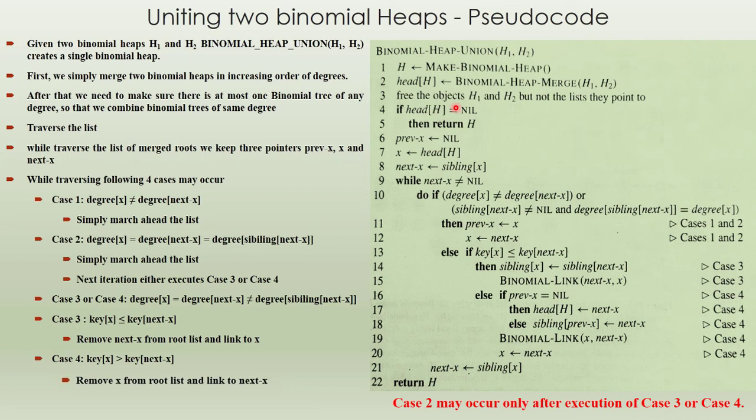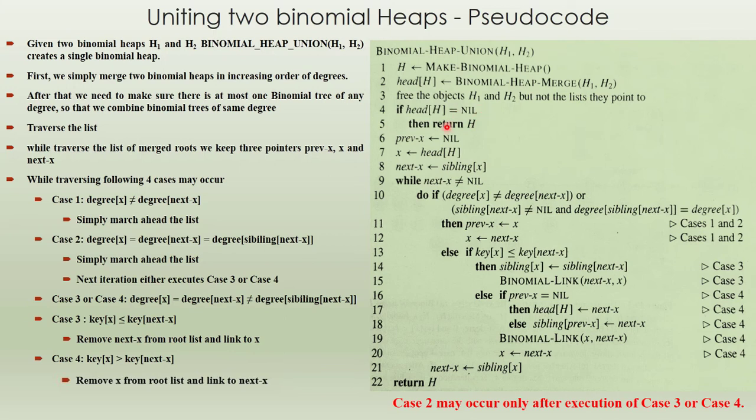If head of h equal to nil, then return h. So this condition occurs only when we are merging two empty lists. You just imagine h1 is nil, h2 is nil. And when we apply binomial heap merge, this h also becomes nil. In that case, just return h. H will be nil.